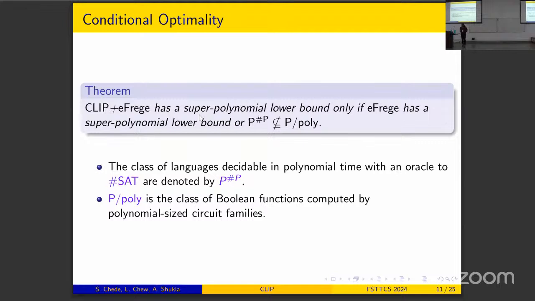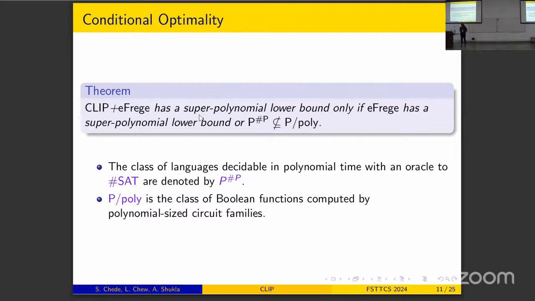Now, why is this system so powerful? There should be a reason, right? So we give a reason that it is a conditionally optimal system. What we mean by that is, if someone finds a lower bound in our system, they have solved some major open problems. Specifically speaking, they have either shown that E-Frege has a superpolynomial lower bound, or that P sharp P does not belong in P/poly.